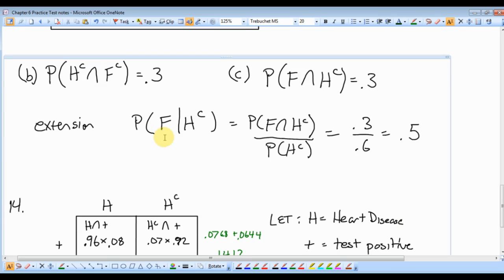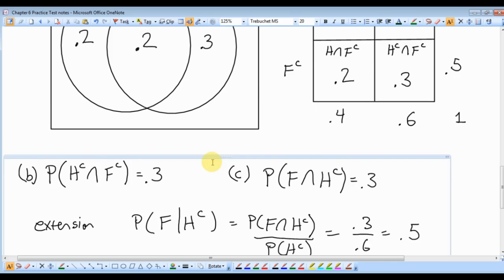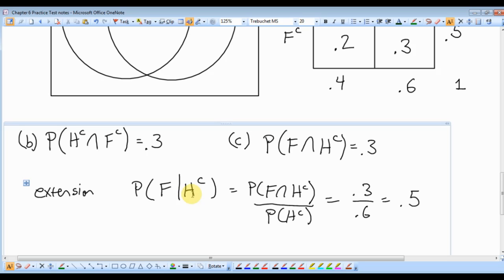What's the probability that she gets admitted into Florida if she was rejected from Harvard? That's the probability that she got into Florida and not Harvard, divided by the probability she got rejected from Harvard. It would be good to write down that notation before we do 0.3 divided by 0.6. Because they're independent, the result is still going to be 0.5, the same as the probability of Florida.